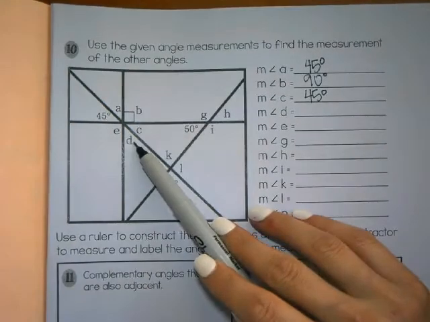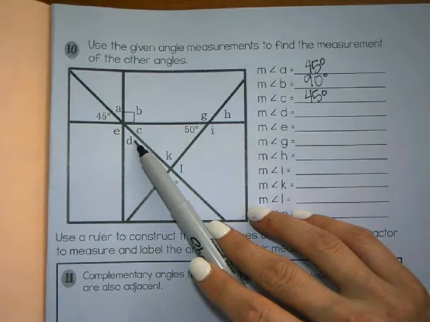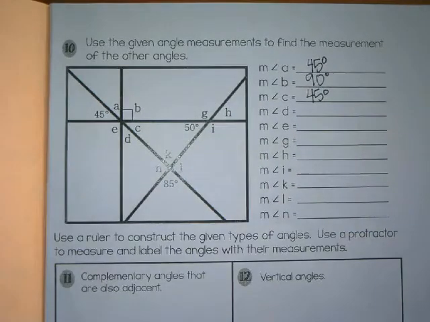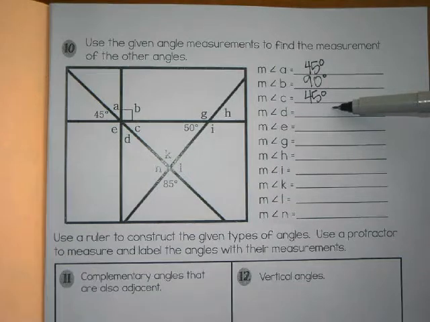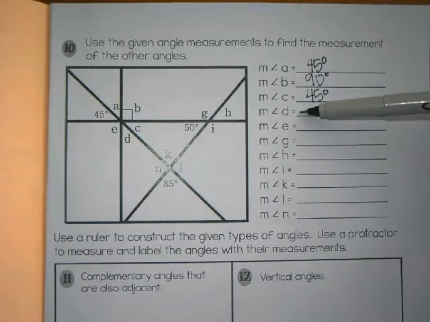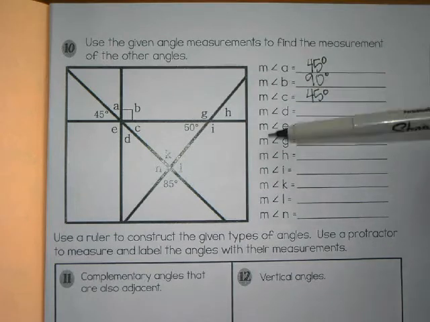Okay, so angle D is right here. Angle D is what compared to other numbers around you? The M just means measure, sweetie.